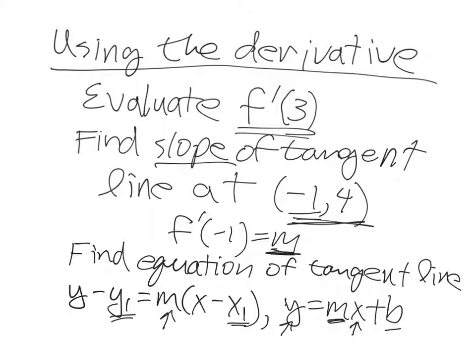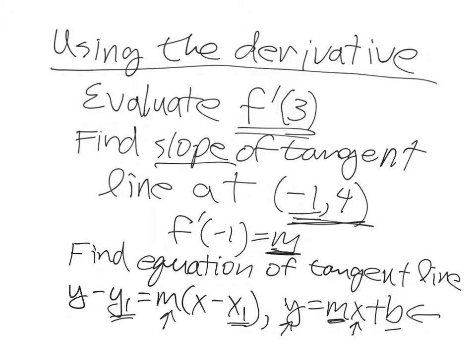So either way, in leaving your answer, just give me an equation of the line. I don't need a particular form. You don't have to solve it for y to make it look really pretty like this one. If you want to, fine, but you don't have to. So those are some of the uses for the derivatives.